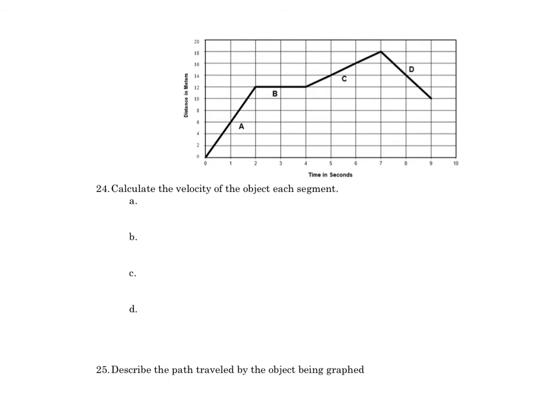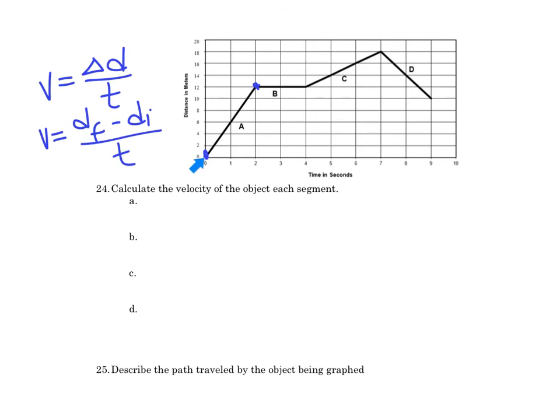So here's how you calculate velocity based off of the graph. Okay, velocity equals displacement divided by time. Also written as final distance minus initial distance divided by time. Okay? In segment A, I ended here, I started here. My initial distance is 0.